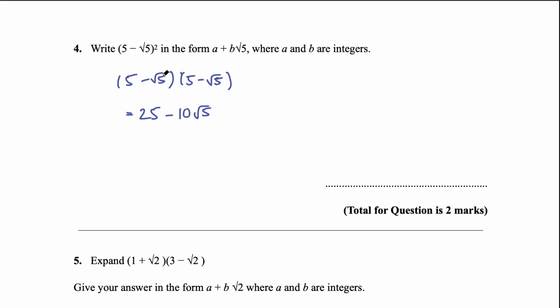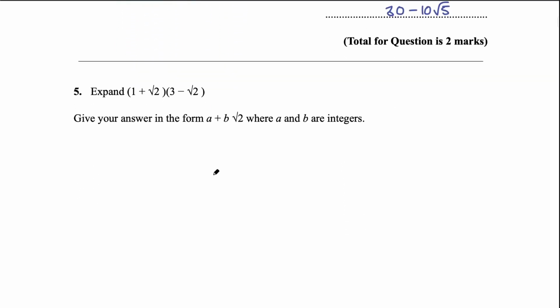And then negative root 5 times negative root 5 would be plus 5. Then collect like terms. We can't add this 10 root 5 to anything, but we can do 25 plus 5. And this would be 30 take 10 root 5. And that's as simple as we're going to get this. They've asked for it in the form a plus b root 5, so that's my final answer there for 2 marks.